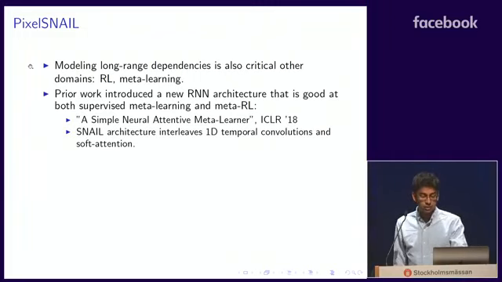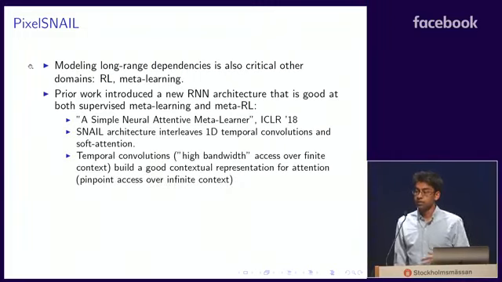What this lets us do is the convolutions can build a good feature representation over which we apply the attention. You can think about these convolutions as having very direct access to a small number of things, so this is like local processing over your sequence, and the attention gives you pinpoint access over a potentially infinite number of things.